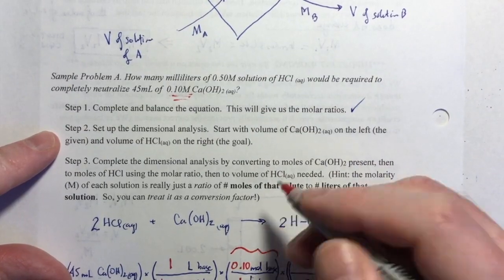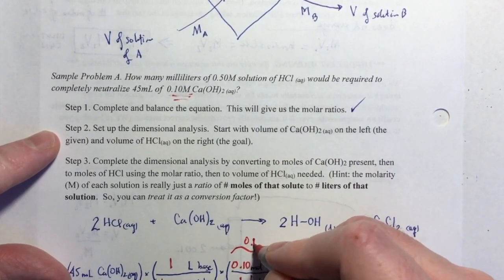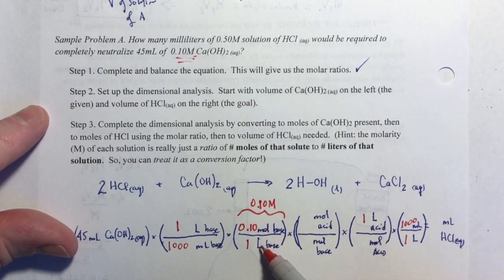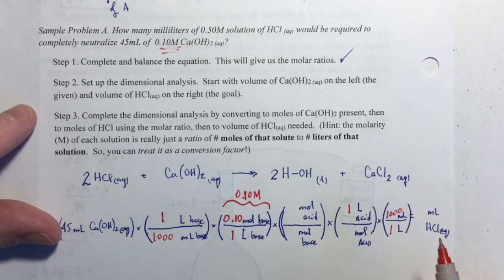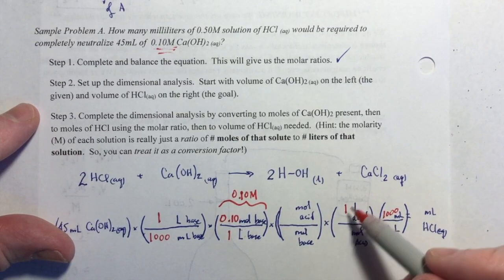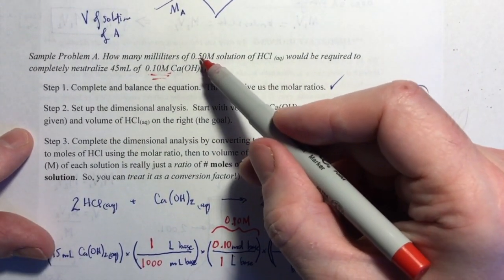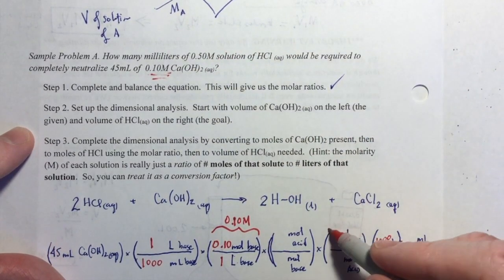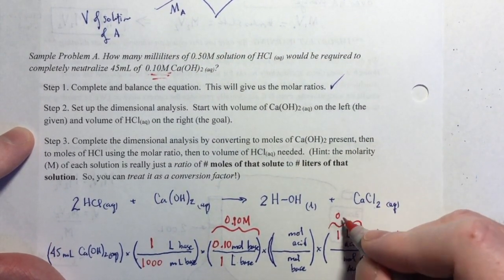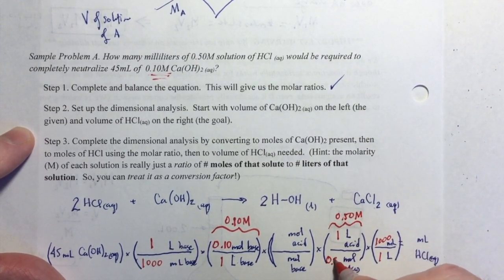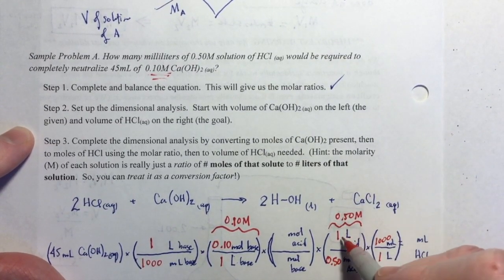That right there is 0.10 molar. That means 0.10 moles per 1 liter. Similarly over here, for the molarity of the acid, we were told that it was 0.50. So there we go. This molarity is 0.50 molar. That means 0.50 moles per 1 liter.